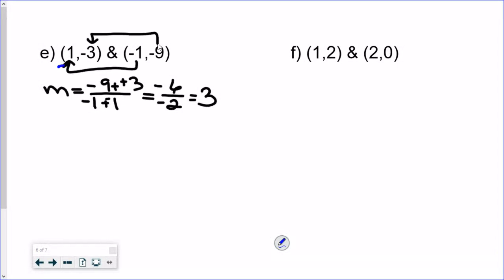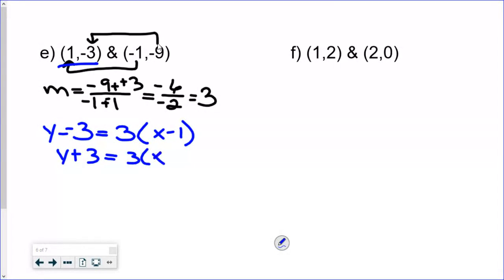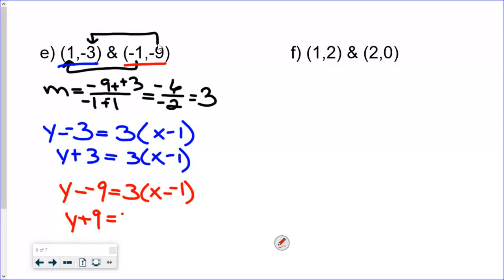Then if I pick the first point, my y is -3. My x is 1, so I would have a y plus 3, but still that x minus 1 stays. If I want the second one, I can choose a -9 for y. Slope stays the same. And I would just probably switch this over.